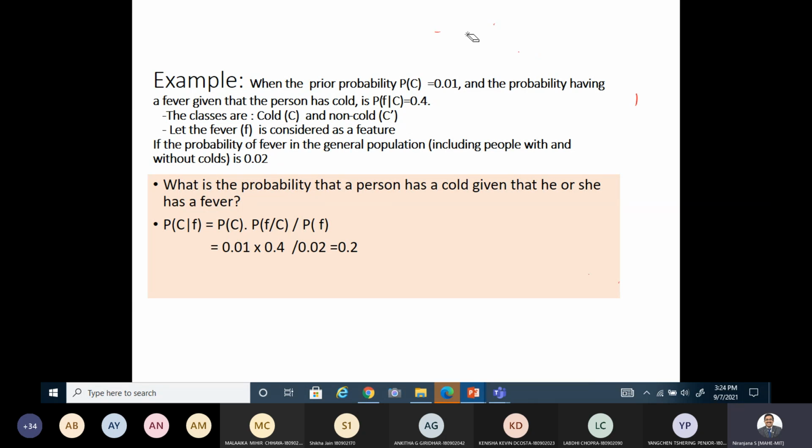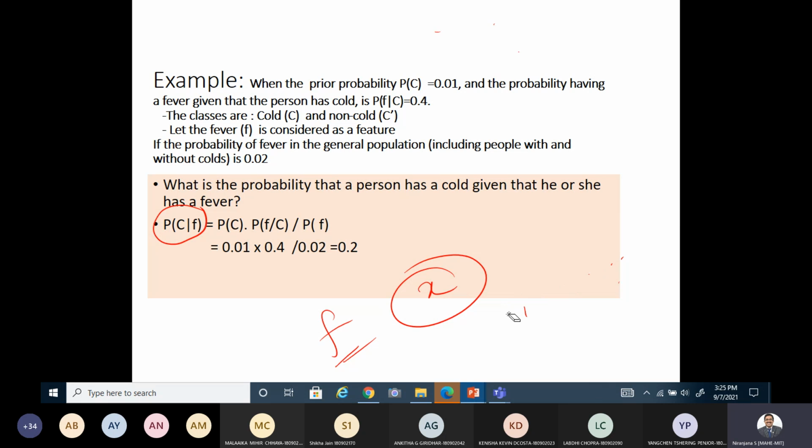This is a very powerful probability which helps you to find when a single feature is given, such as F in the given problem, or when multiple features are given in a problem like x1, x2, and so on.